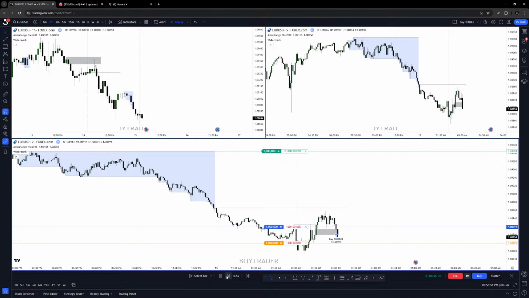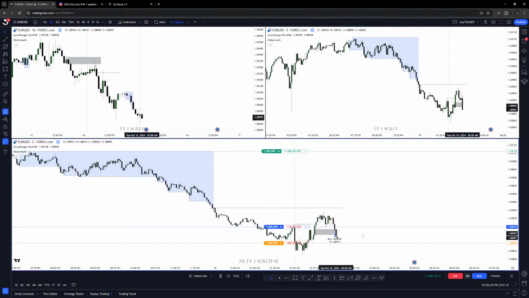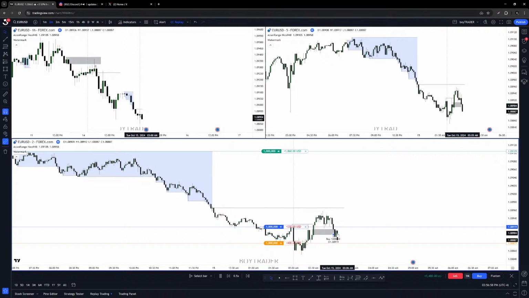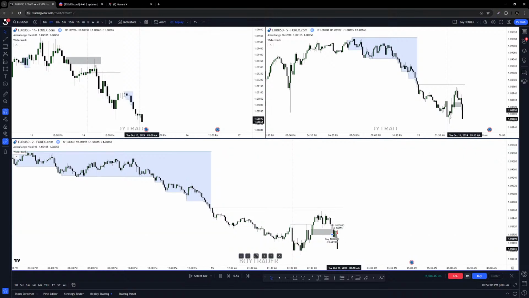We dropped lower. We're going to watch if we are respecting that gap. Almost at the stop. Boom, that's a loss.